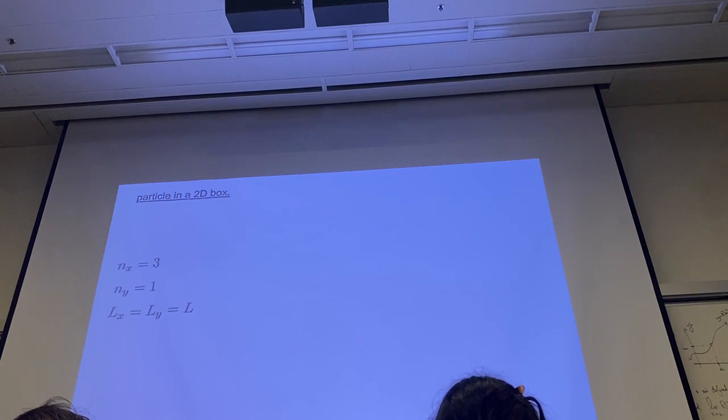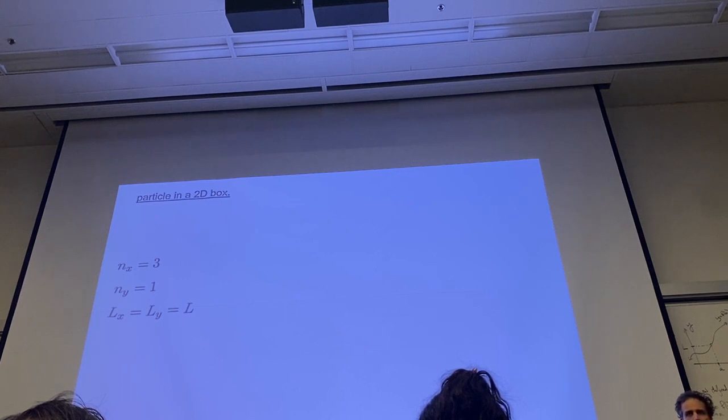Actually, one more assumption, just to make my life a little easier: I assume that the box is square, meaning Lx equals Ly, which I simply call L. So the length along x and y are the same. Okay, so what is the wave function?